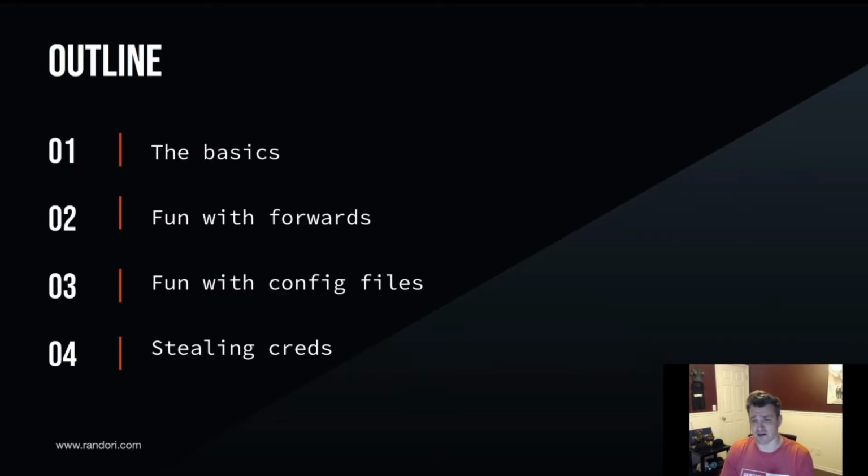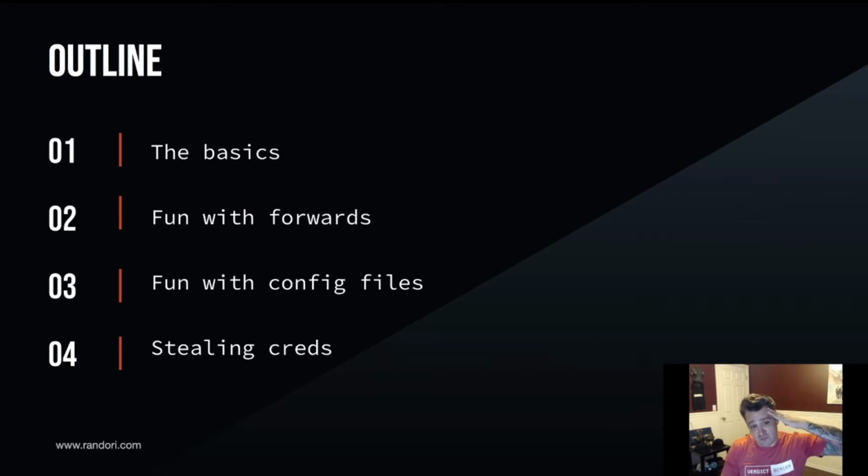So outline for the talk. First, we're going to go over the basics, because I can't really explain a bunch of the command lines without covering some of what you see. Then we're going to go over all of the fun stuff you can do with functionality that's just built into SSH. Then after that, we're going to go over how you can customize SSH and trick users into doing some fun things for you, and in general, just what some of the config files are, where they live, how they work.